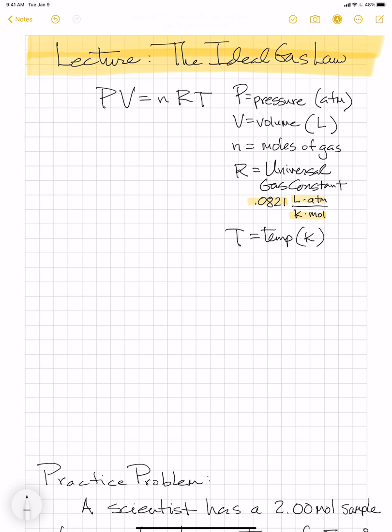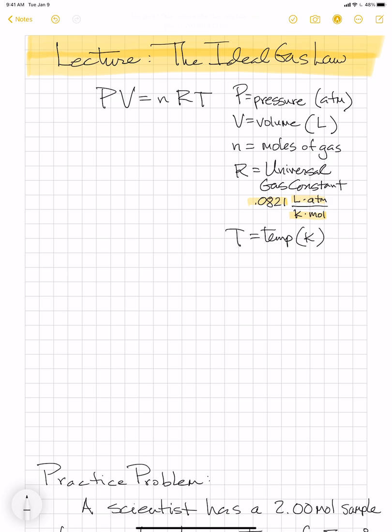The value is 0.0821, and that comes from calculating gases and their behavior at what is known as standard temperature and pressure. We're not going to get into that right now, but that's where that number comes from. Basically, to keep it simple, it is what is called a proportionality constant, and it allows us to cancel out units to get the one that we need for solving the problem. But basically, it's a free value for you to plug in.